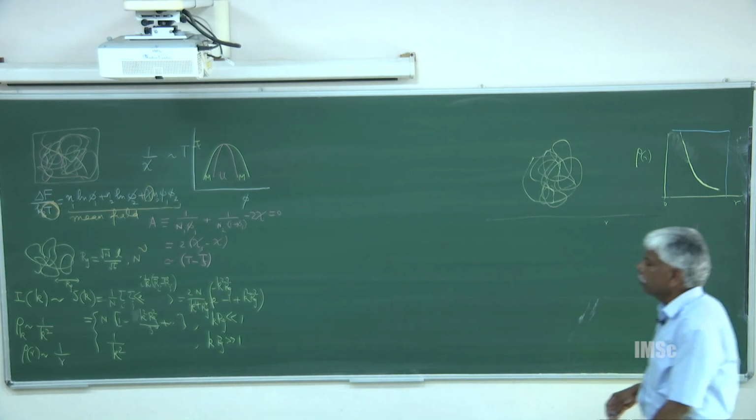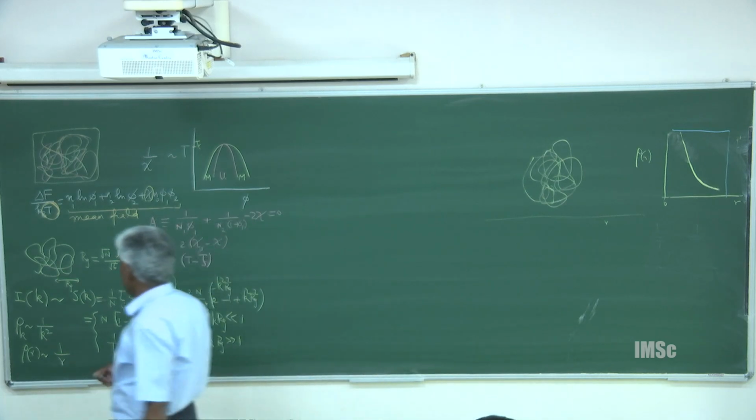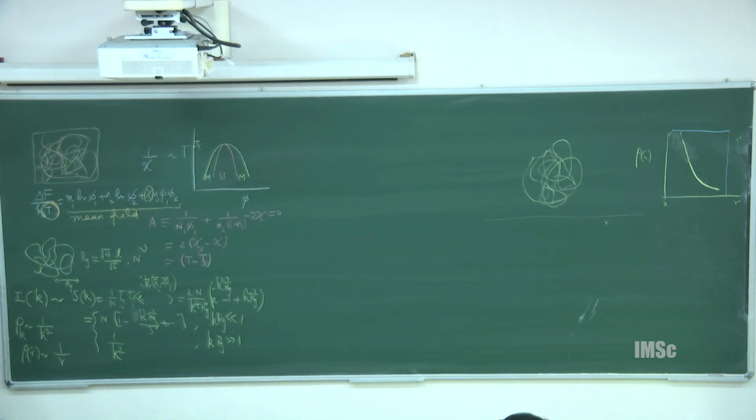But in general, 1 over r is for a Gaussian chain. Depending upon the interactions, which we derived in the last lecture, depending upon the correlations, you will have a different value. Nu does not have to be half, it could be a different number. Typically in good solutions where you have excluded volume interactions, that becomes approximately 3/5, for example.